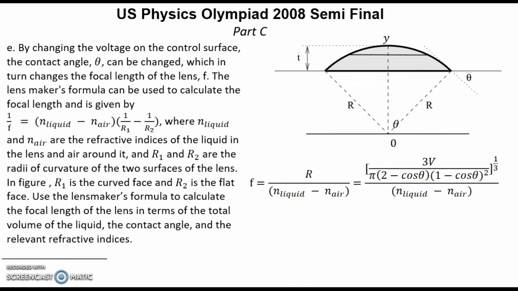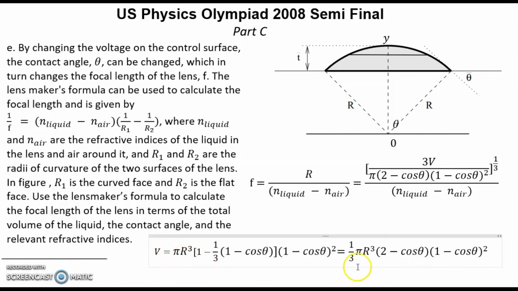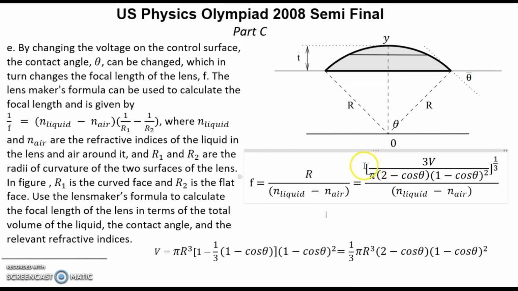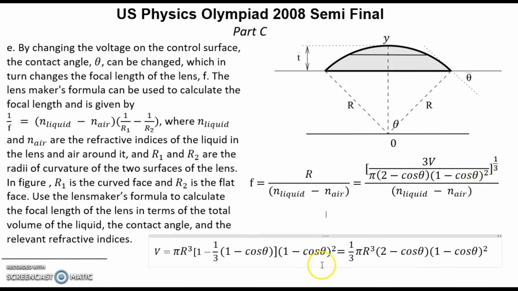For that we use this formula. Volume equals 1/3 pi r cube multiplied by this expression. And we can represent r through volume. That will be this numerator if we do proper calculations. And the final answer will be like this. That's the answer for question E.